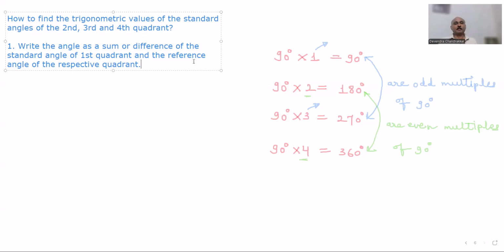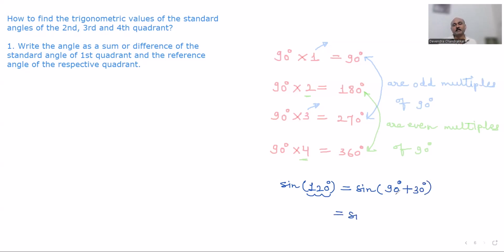So for example, pay attention. This is not difficult, right? All of you, please pay attention. If I ask you to find sine of 120 degrees, you can simply show this as this angle belongs to the second quadrant. This is sine of 90 degrees plus 30 degrees.